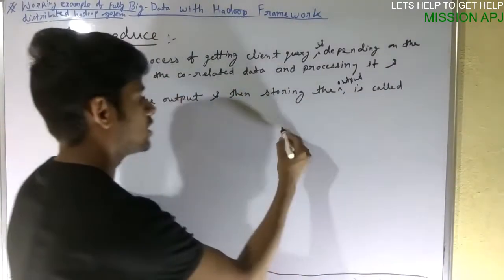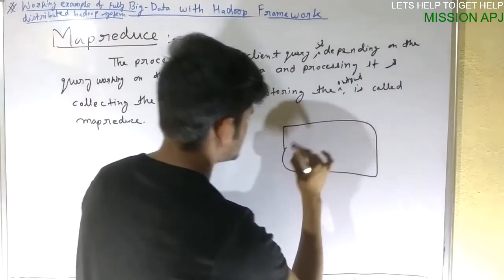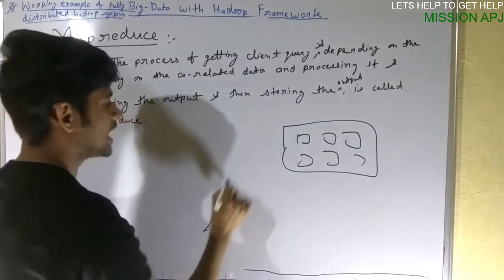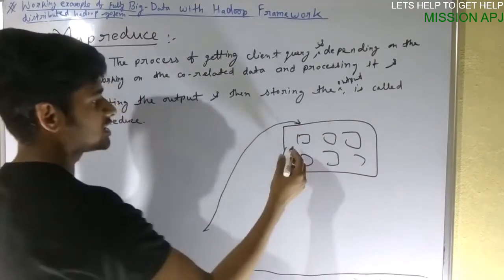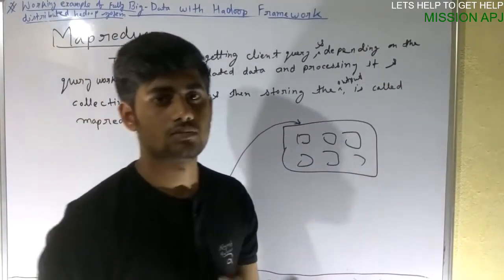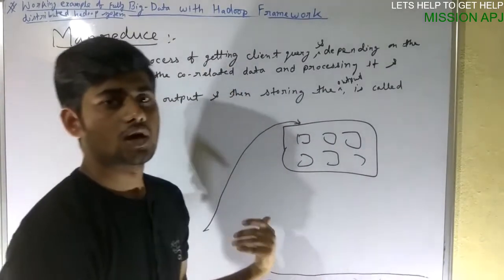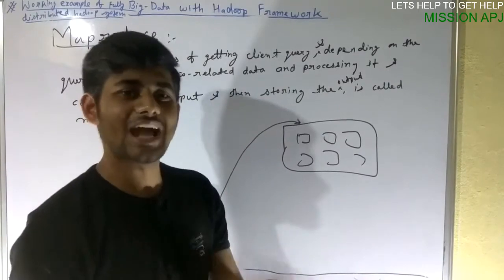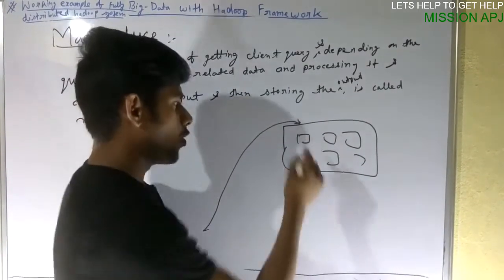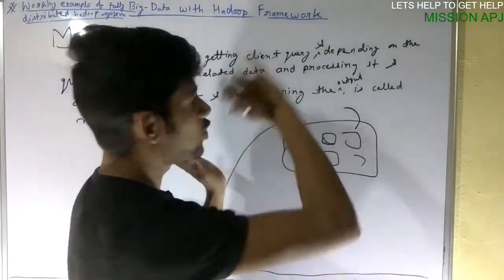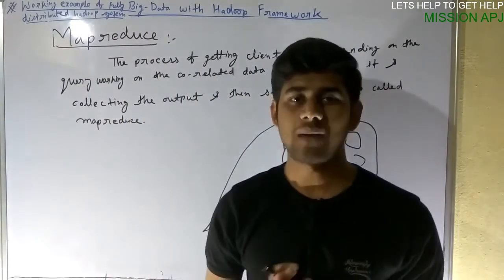So you have your data inside the data center. The client is querying. After getting the query, using the nodes as we have discussed, the name node, data node, job tracker, task tracker, we work on this stored data and get the output. The whole process is known as your MapReduce part.